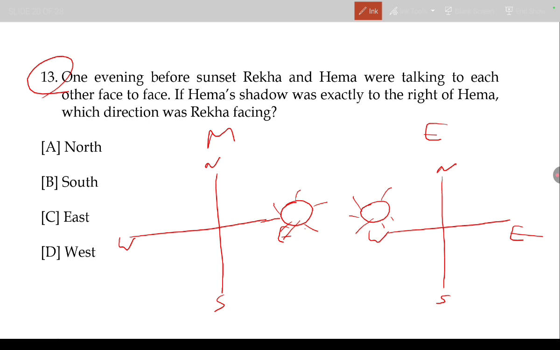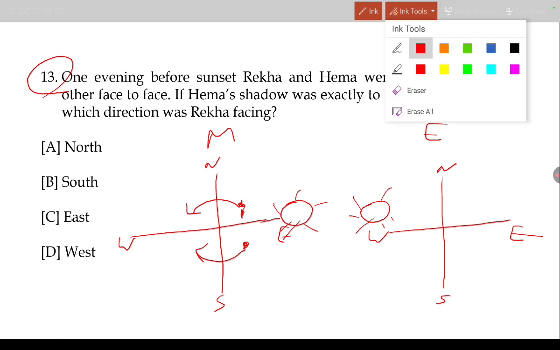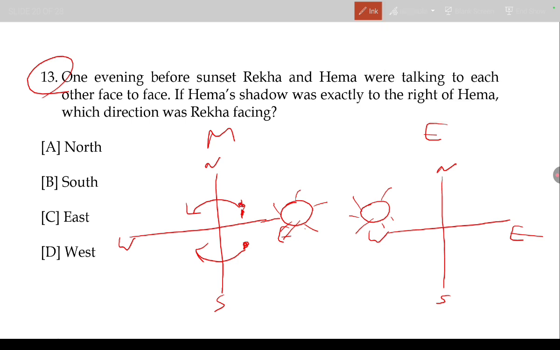So, what do you need to do? Whenever you place the sun here, obviously place the person here, close to the sun. And now imagine if someone is standing here, his shadow will be this side. Now imagine someone is standing here, which means he is facing toward the south.